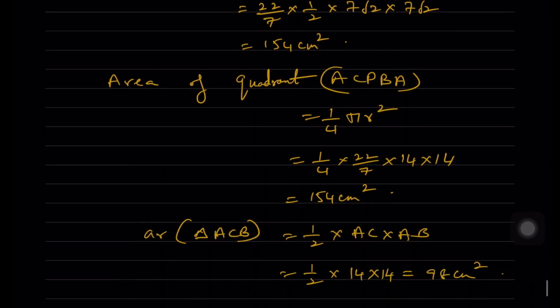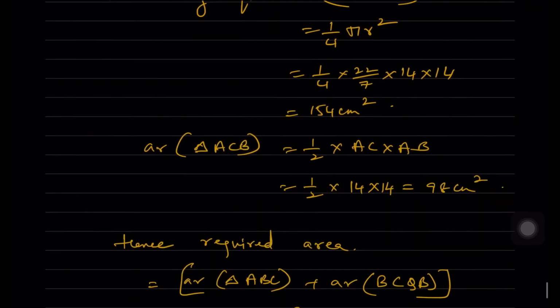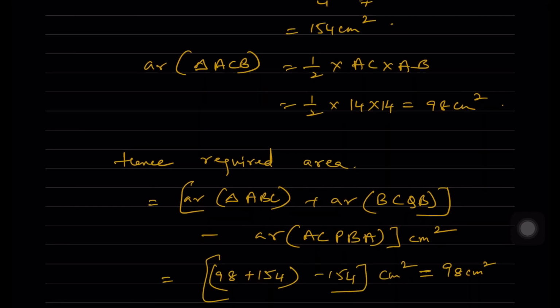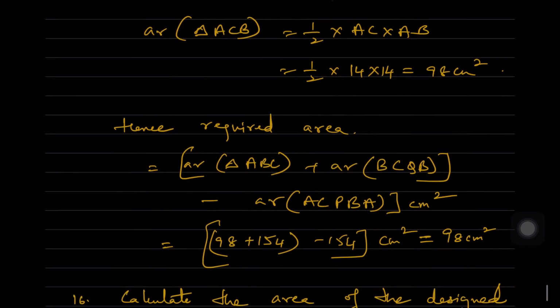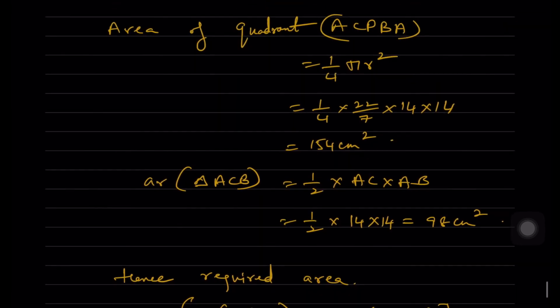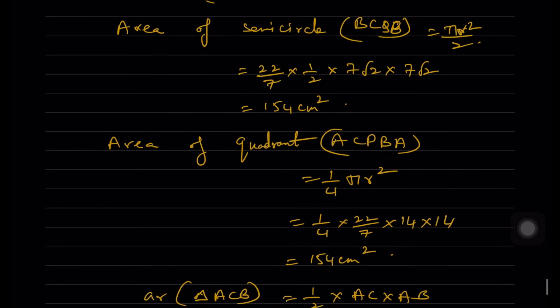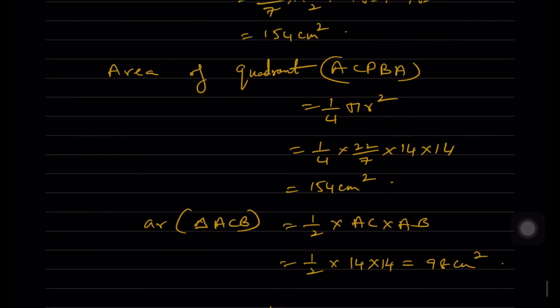Semicircle is equal to 154 centimeter square. So area of the quadrant is 1 by 4 pi r square, which is equal to 154 centimeter square. So area of triangle ACB is equal to half into AC into AB, which is half into 14 into 14, which is 98 centimeter square.